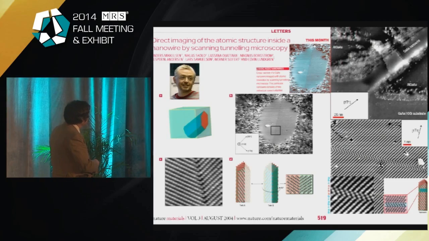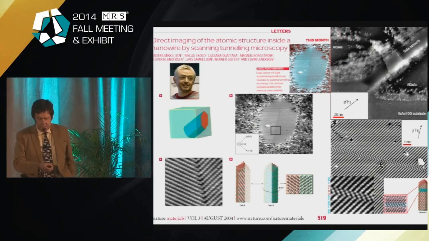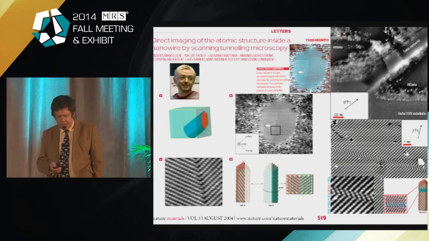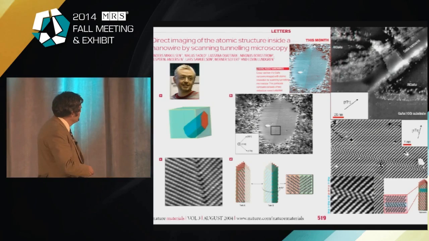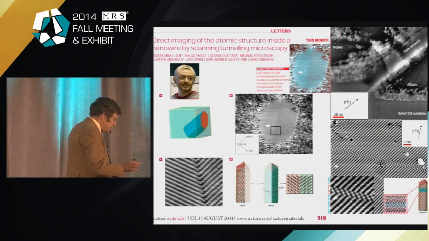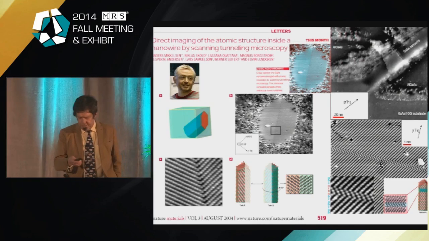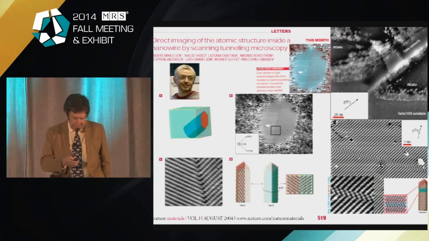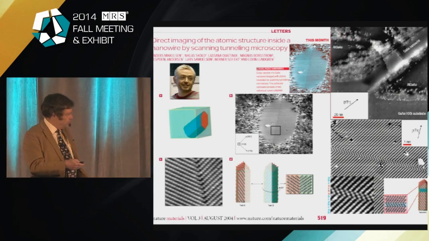So he was the one who developed the direct imaging of the atomic details of the atomic structure inside the nanowires by clever cleavage, and then looking at the details of the atomic positions, but also developed techniques to study the surfaces of nanowires with great resolution and great information back to the growers.